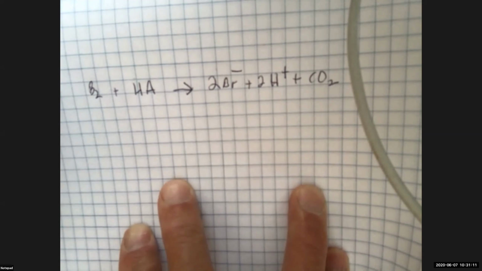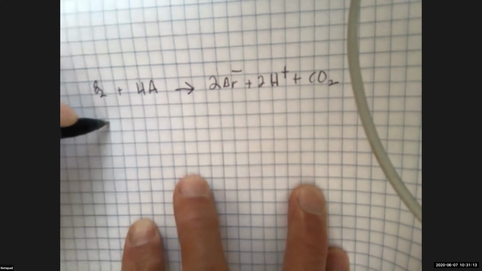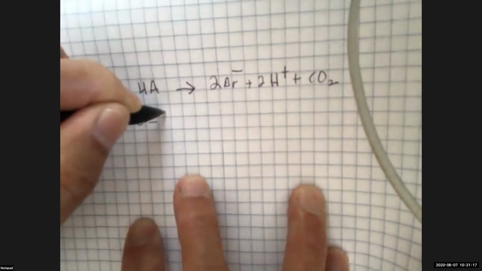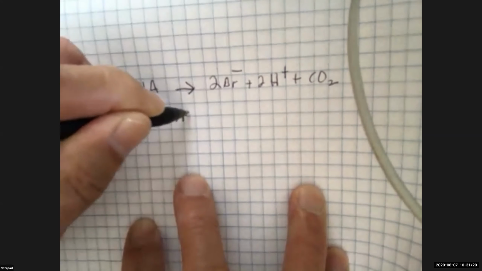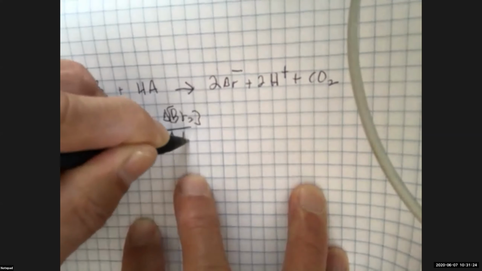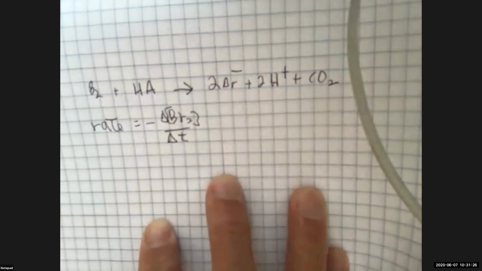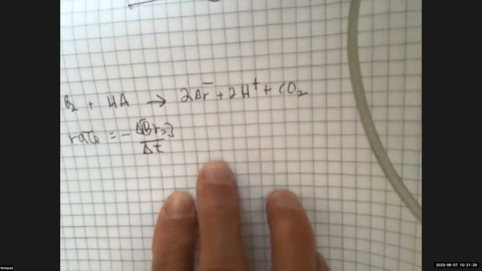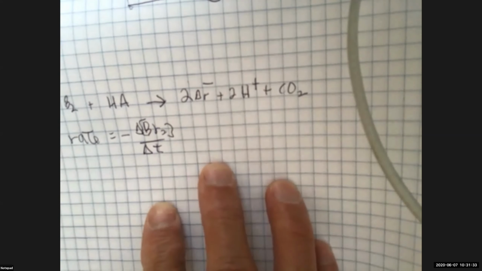So the rate of bromine is going to be minus the change of Br2 concentration over the delta T. That's what we showed in the graph. That's how they were determining the rate. But if we wanted to know, well, what's the rate of formation of the bromide ion? Because we can calculate it from that.